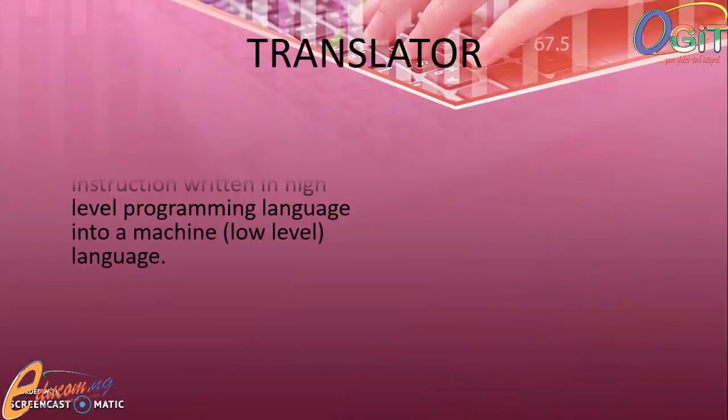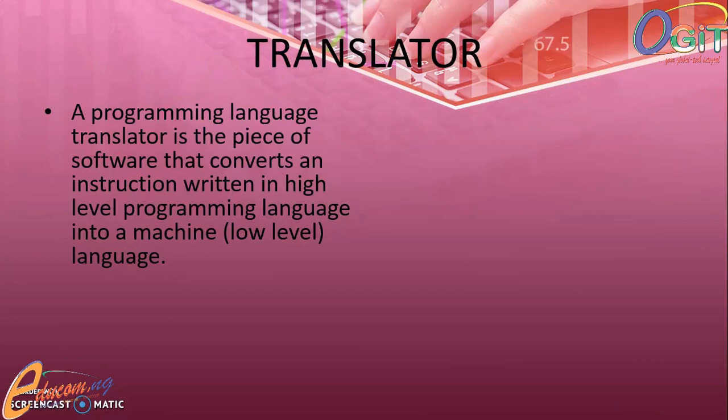Now let's talk about translator. A programming language translator is the piece of software that converts an instruction written in high-level programming language into a machine language, that is, into a low-level language which the computer can understand and work with.